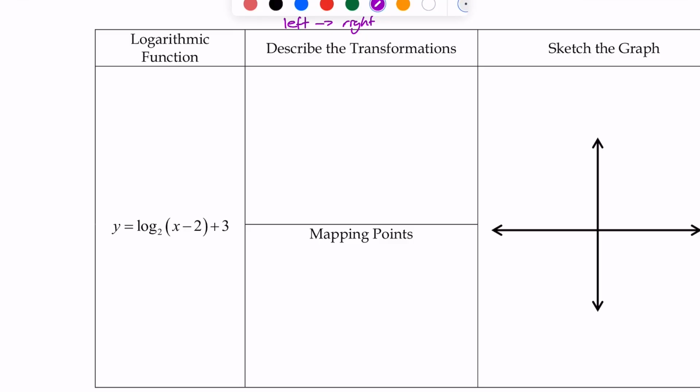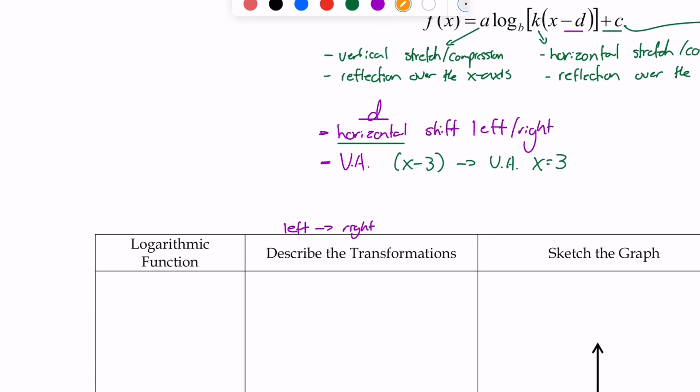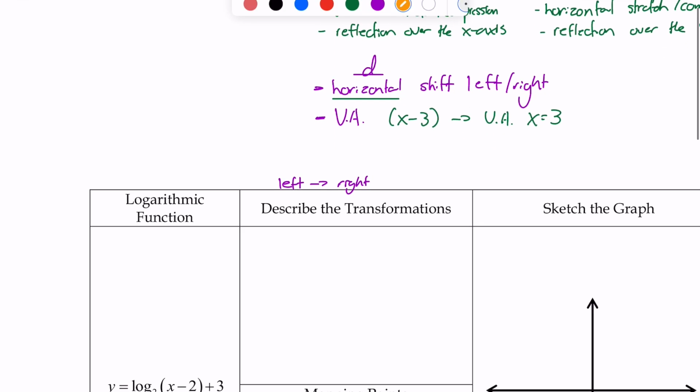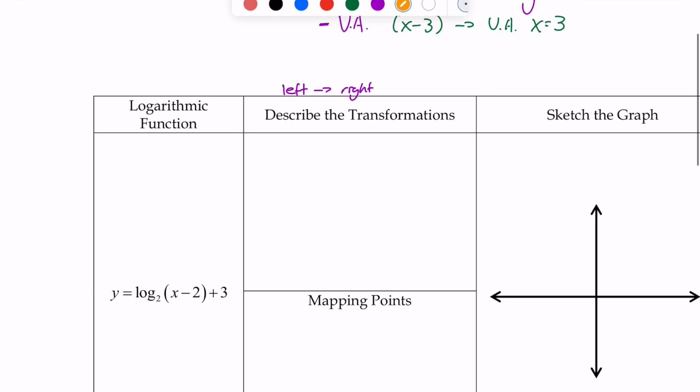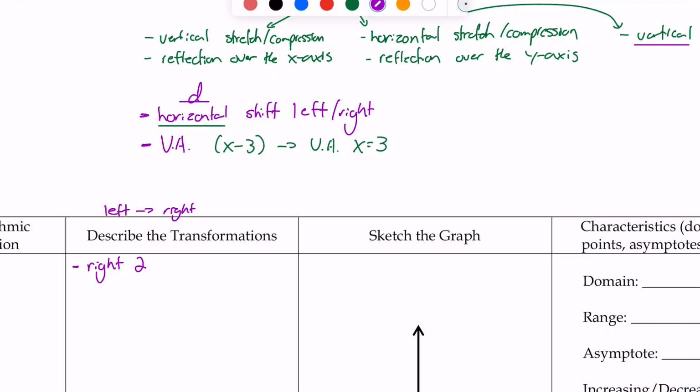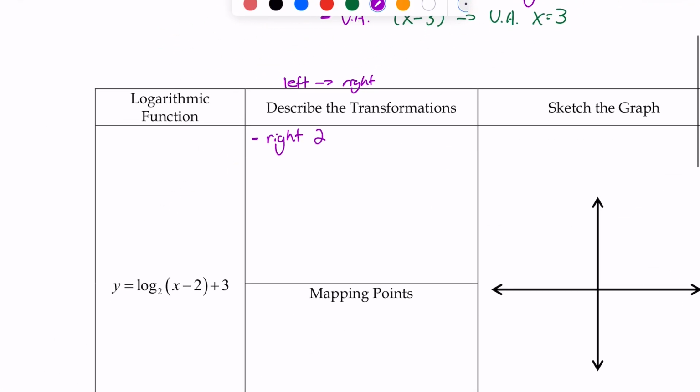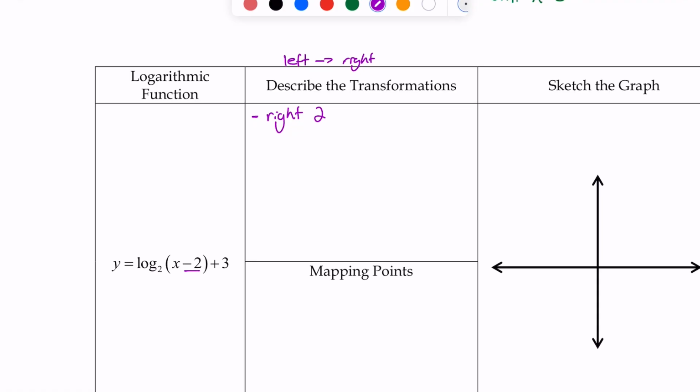And just so I don't have to write out this horizontal shift over and over again, just for the sake of making this video shorter, I'm just going to say it's going right 2, okay? But on a test, please write out the full sentence. Like you would say horizontal shift left 2 units or right 2 units. Okay, so we talked about that one. The next one we talk about is this plus 3 here. So that plus 3 is going to be up 3.